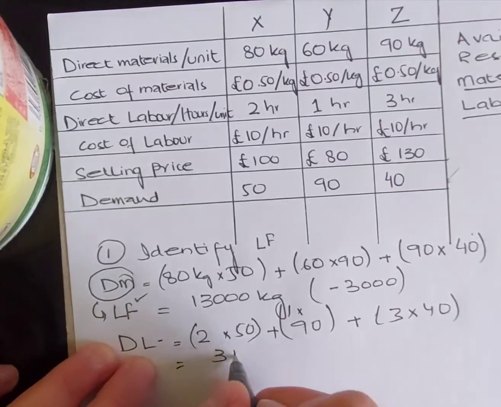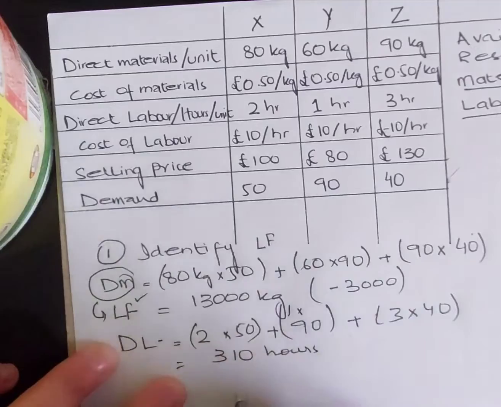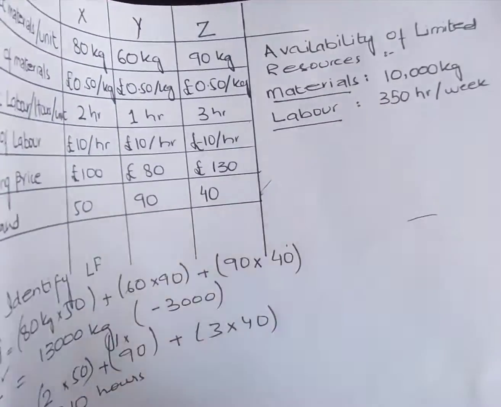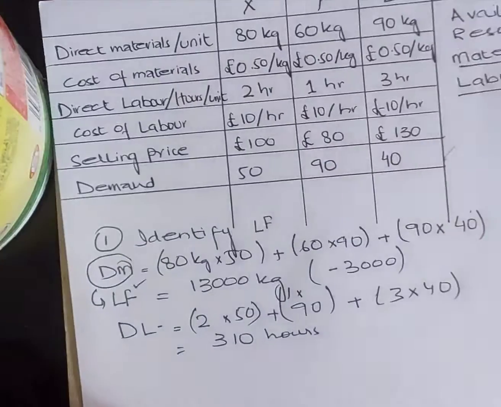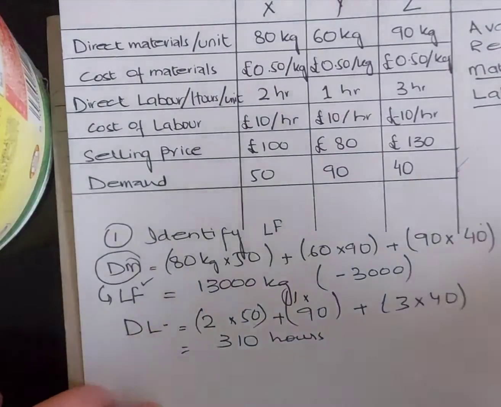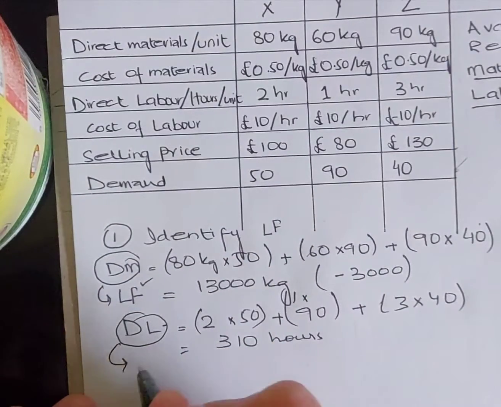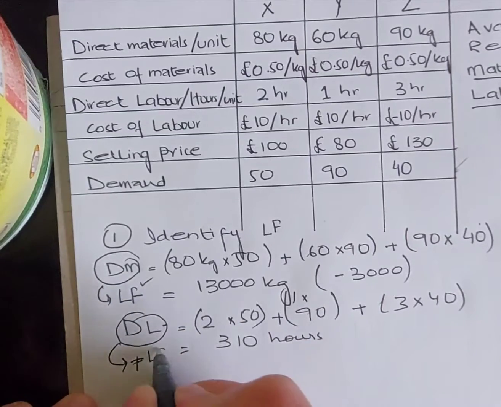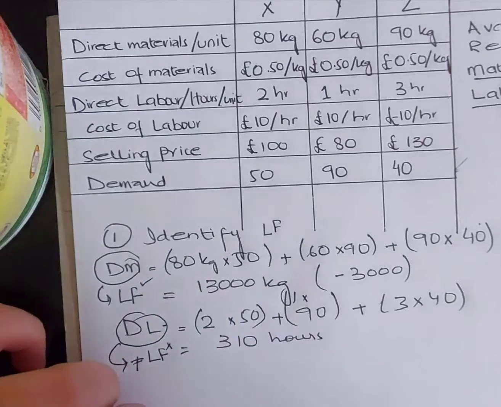That gives us the value 310 hours. The available amount is 350 hours per week and we require 310, which means the direct labor is not a limiting factor. Let me put a small cross over it so that we know.